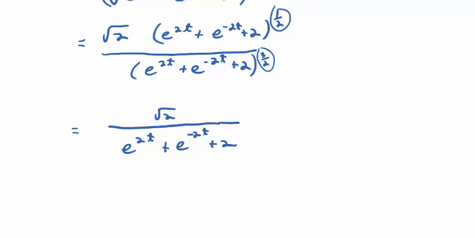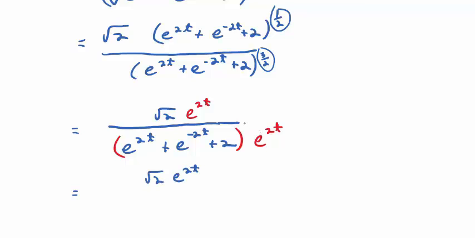But you'll notice that this isn't exactly what the given answer was. But if you look at the given answer, it gives a clue as to how to maybe simplify this. The given answer has an e to the 2t up top. So if we multiply numerator and denominator by e to the 2t, then, okay, on top, of course, we have the square root of 2 times e to the 2t.